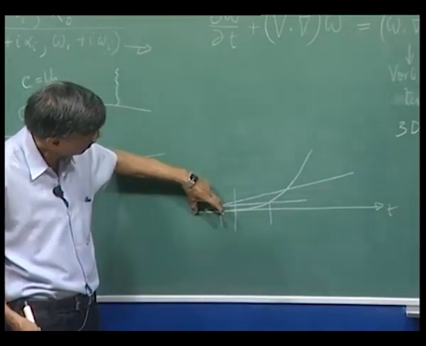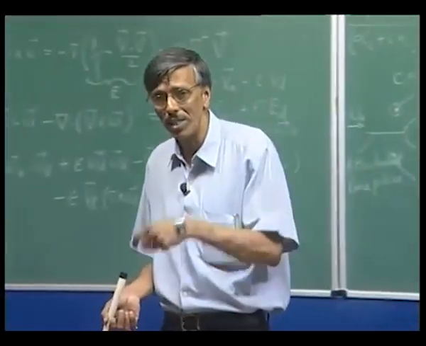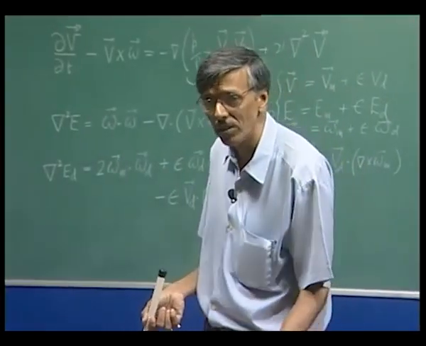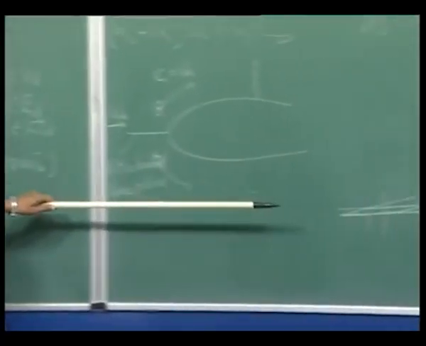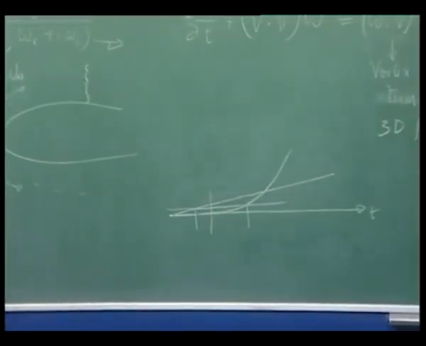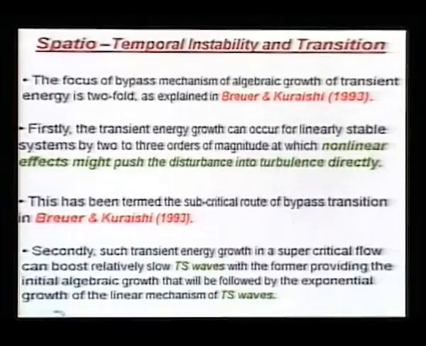So, whether I wait for this time or I have to wait up to that time depends on whether the algebraic growth is present or not. They are saying that if you have algebraic growth, then the nonlinear threshold can be reached earlier in the initial stages by such a mechanism.